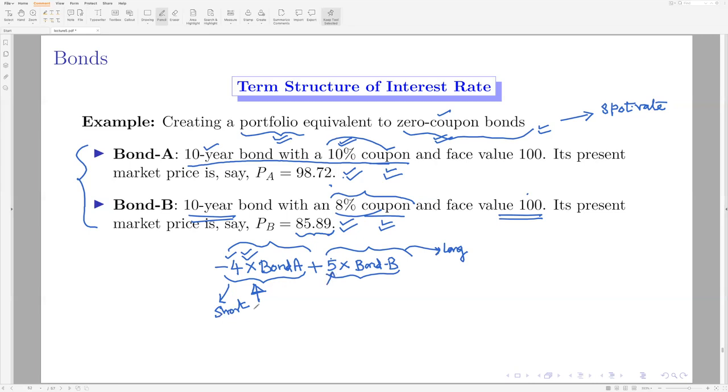Such things are allowed in the stock market, that you can sell some asset without even owning it. In the case of bonds, shorting a bond is equivalent to borrowing, you see. And similarly, going long, that is buying a bond, is equivalent to lending, right? When you short a bond, it means at the coupon time, you have to pay the coupon to the person who bought it from you.